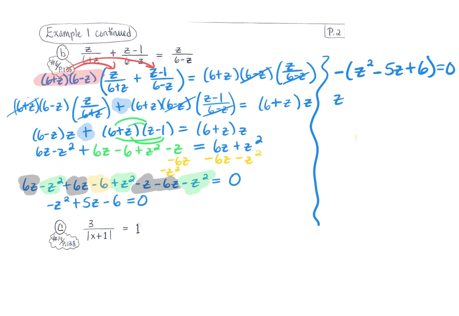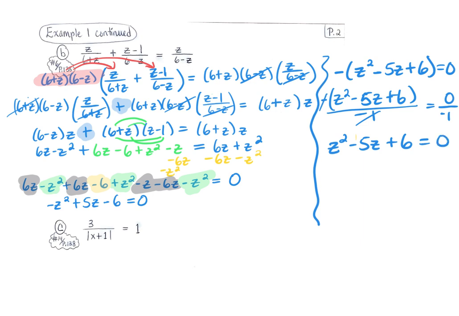So this is negative 1 times this quantity, all over negative 1, equals 0 over negative 1. That cancels out those negative 1s and leaves you with z squared minus 5z plus 6 equals 0. All that did for us is make the coefficient of z squared positive.